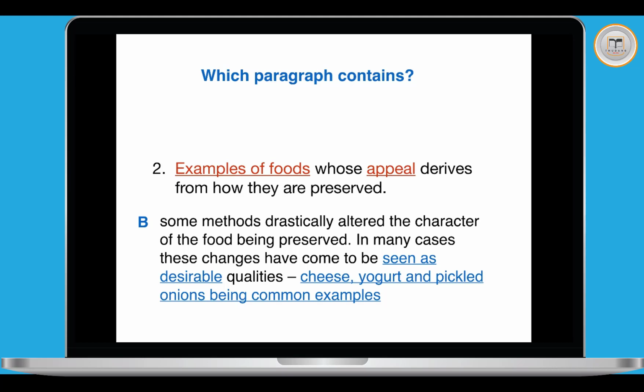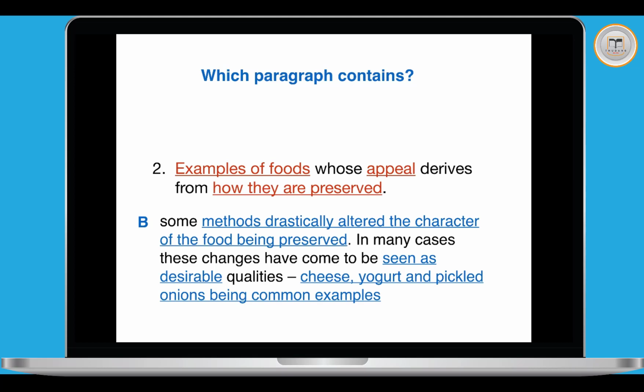Another keyword in there, how they are preserved: methods drastically altered the character of the food being preserved. This is saying that these foods are changed by the way they're preserved, but this has become an attractive quality. I think, again, that was the most difficult question in there. Leave it till last. Don't worry if you don't get that one right.